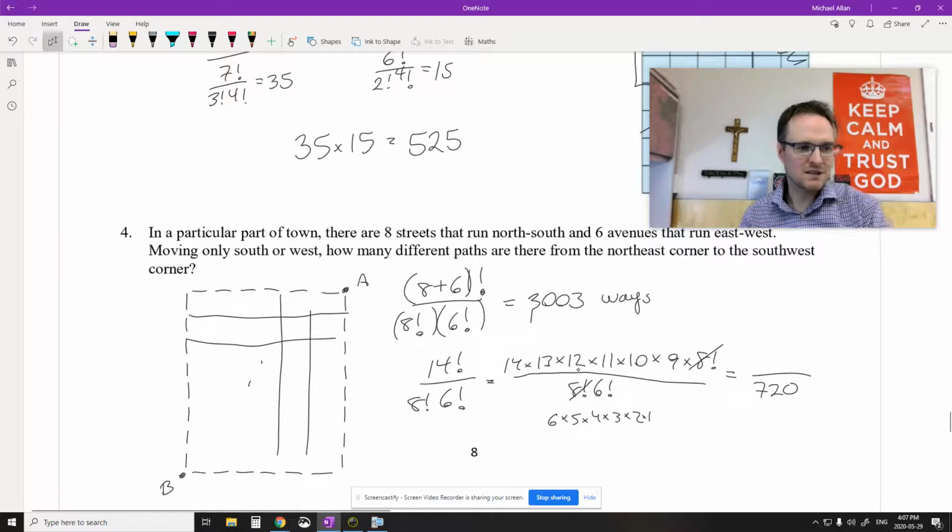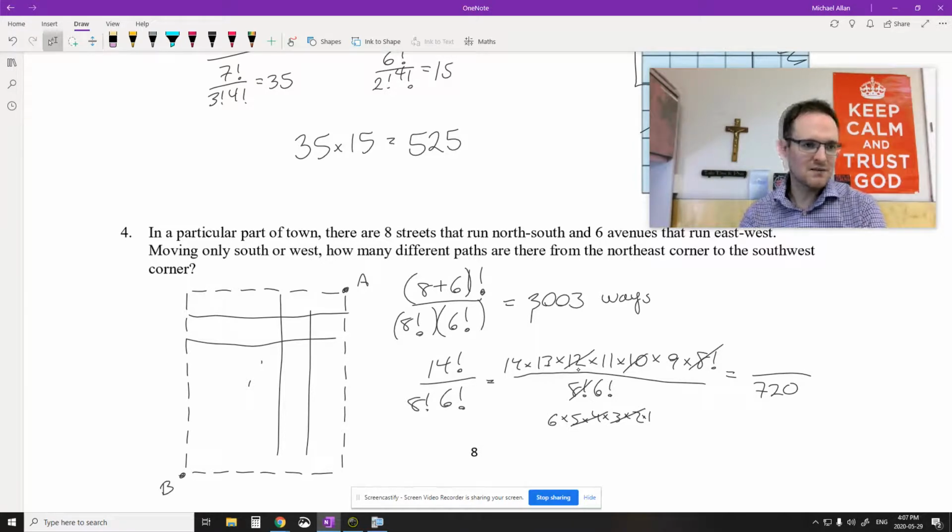Just looking at this, I think 6 here, 20 times that. So that's going to cross off there. I got an extra 6 here. So it kind of gets ugly.